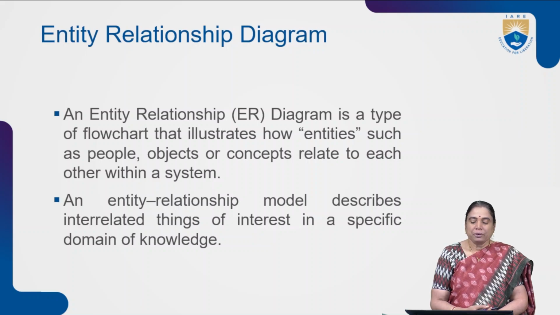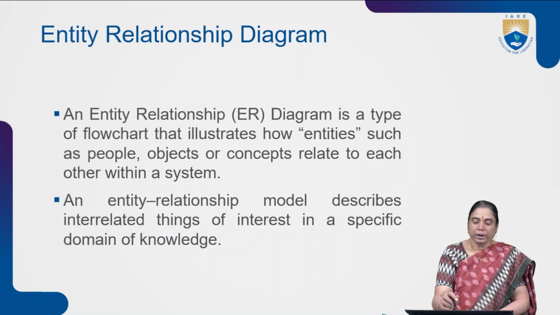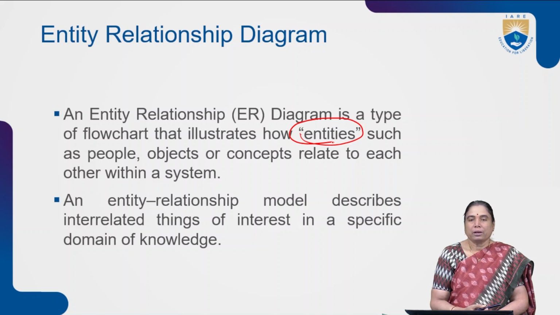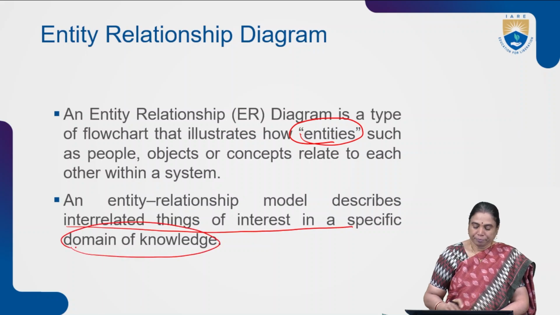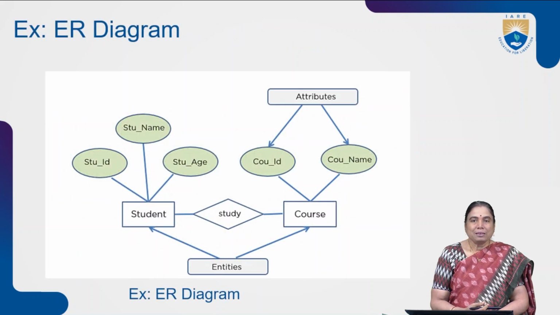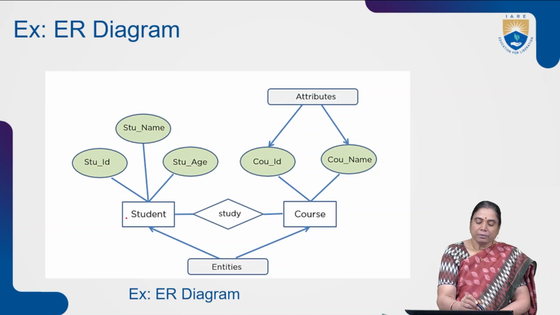So, ER diagrams are the major means of modeling the database design. The entity relationship diagram is a type of flowchart that illustrates how entities such as people, objects, and concepts relate to each other within a system. An ER model describes interrelated things of interest in a specific domain of knowledge. So this is one example of the ER diagram. Here the entities can be student and the course.